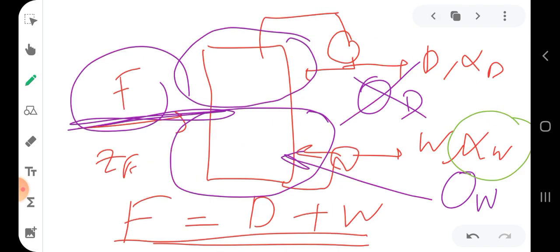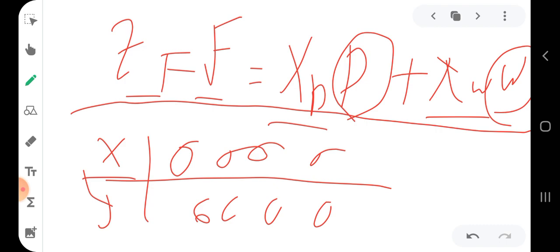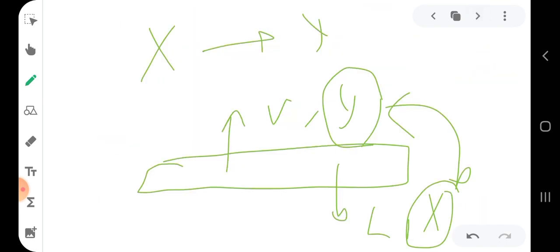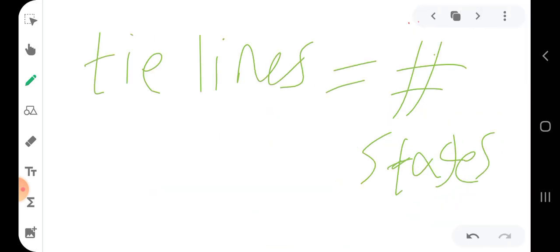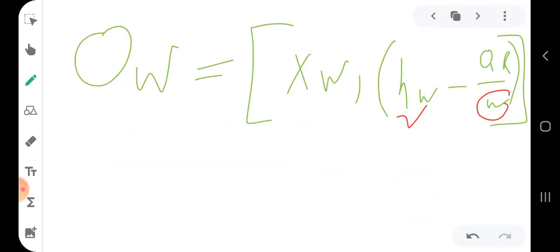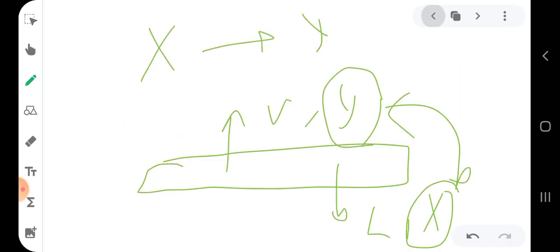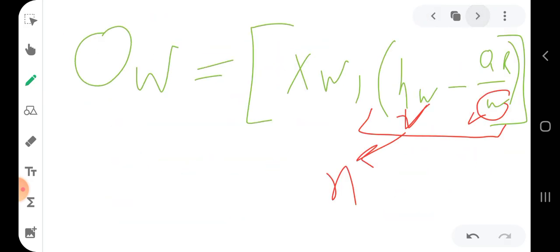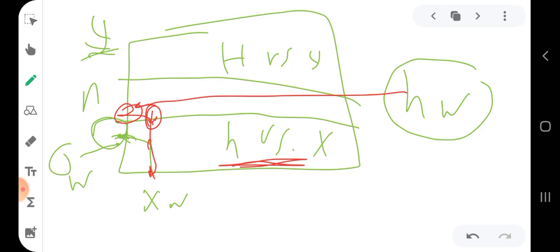F is equal to D plus W, and ZF times F equals XD times D plus XW times W. I can get D and W. So I know HW from the graph, I know W from material balance, and this guy will represent N, which is the OW y-axis coordinate.